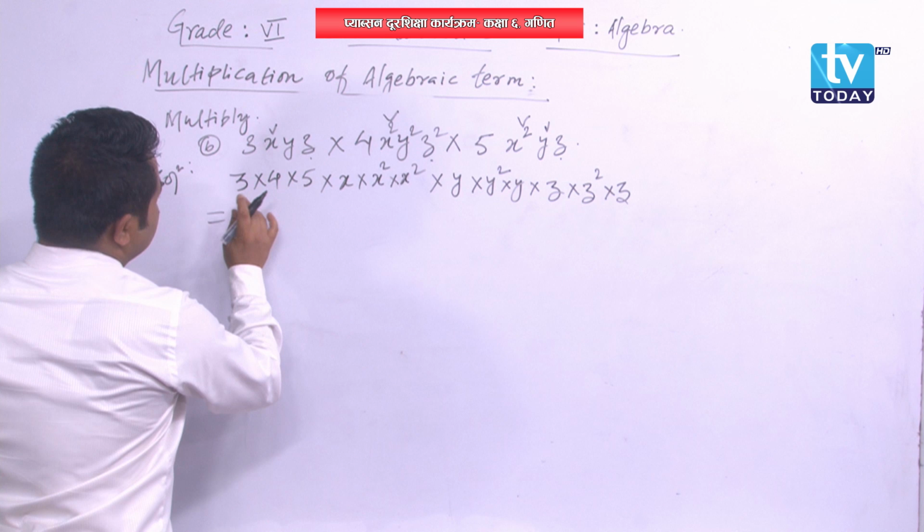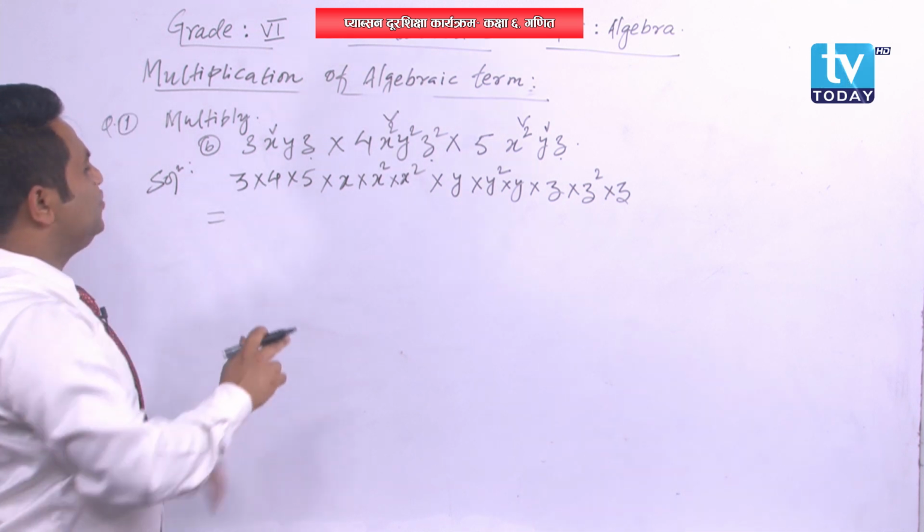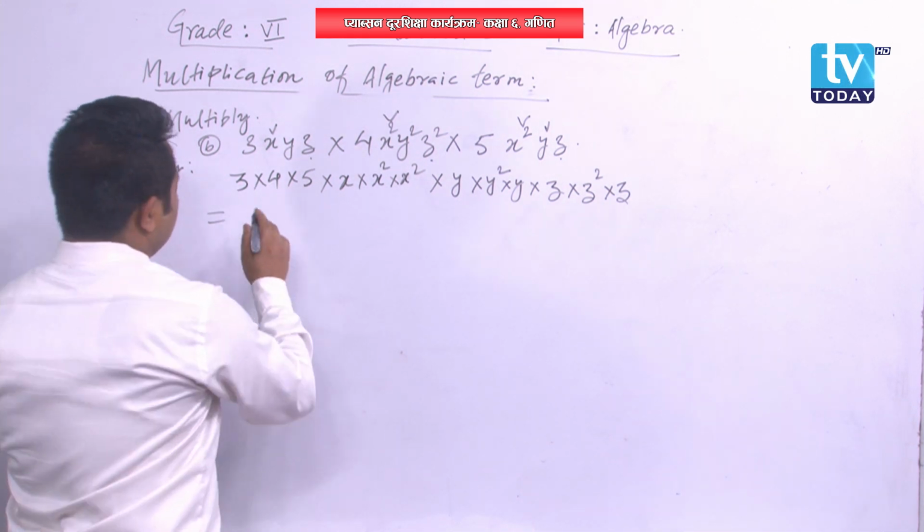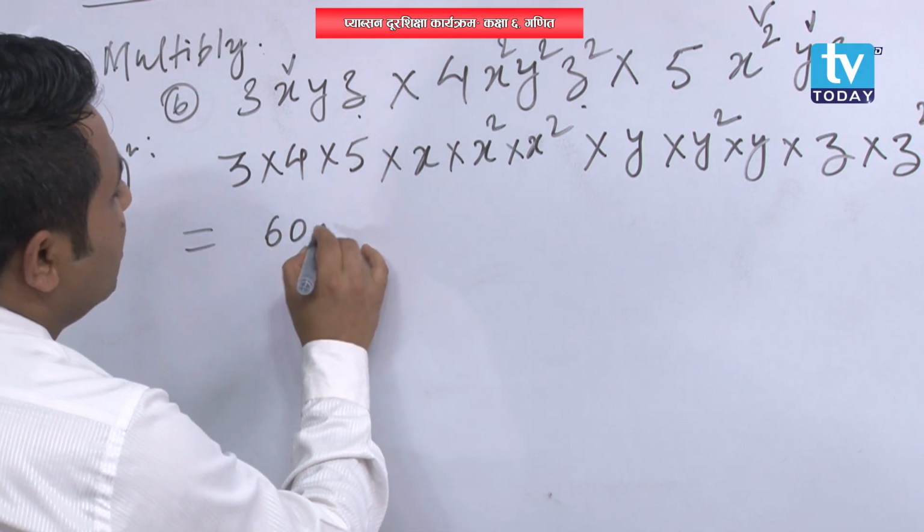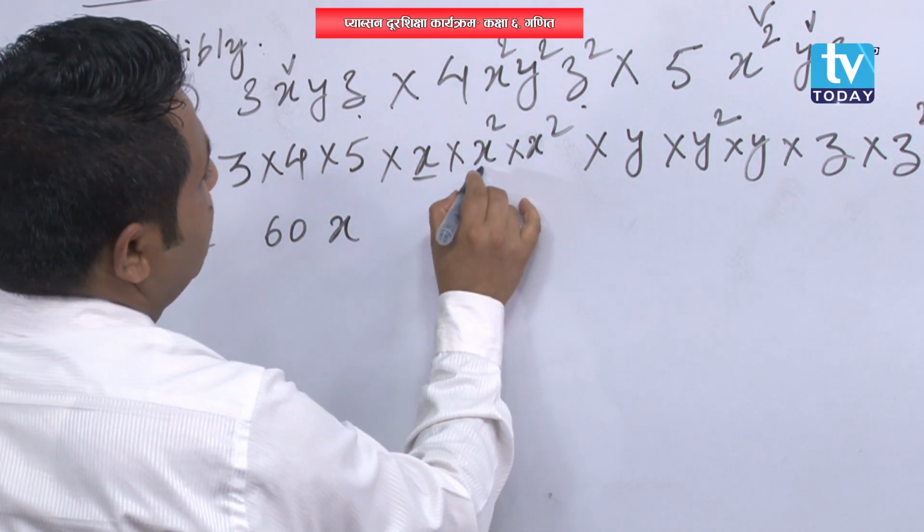Now let's multiply these. 3 times 4 is 12, into 5 is 60. Then the base is the same, please check here.